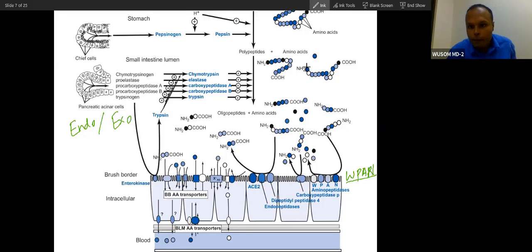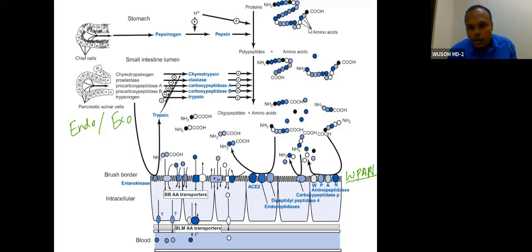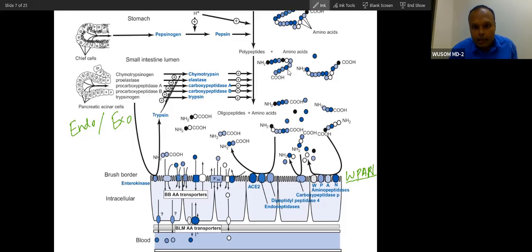I'll tell you what endopeptidase is. Endopeptidase will act inside, here, inside. But exopeptidase will act from the outside, either from the carboxy terminal or from the amino terminal. If it acts from the amino terminal, it is aminopeptidase.